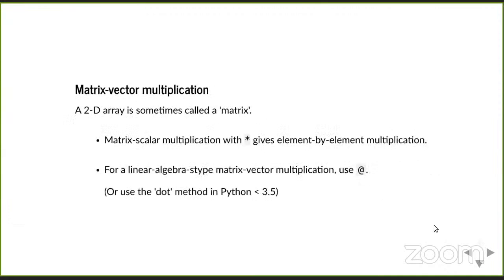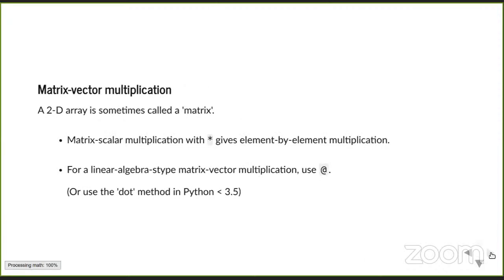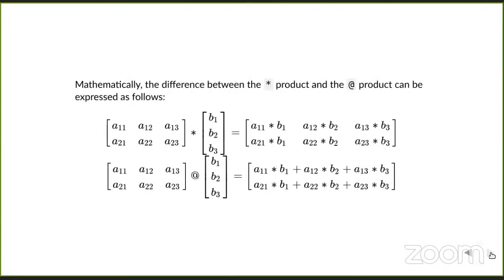Matrix vector multiplication is very similar. If you just do a star, it gives element by element multiplication, and it does funny things. If you want linear algebra style, use the @ sign. And especially with matrices, the difference is very funny.